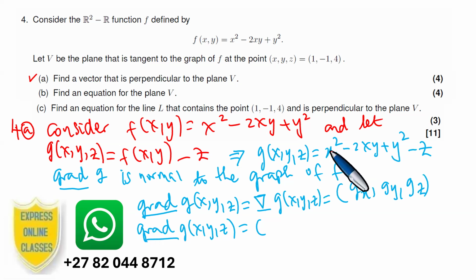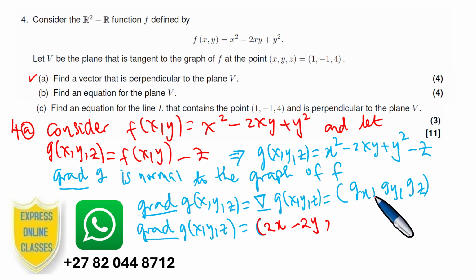With respect to x, the derivative of x squared becomes 2x. The derivative of minus 2xy is minus 2y. The partial derivatives of y squared and minus z are both 0.